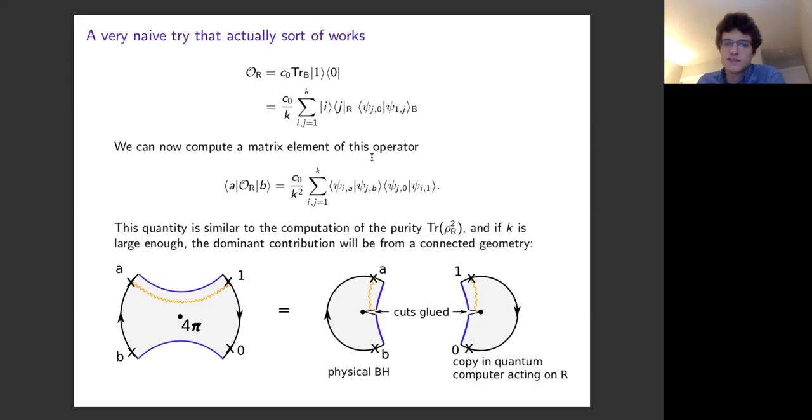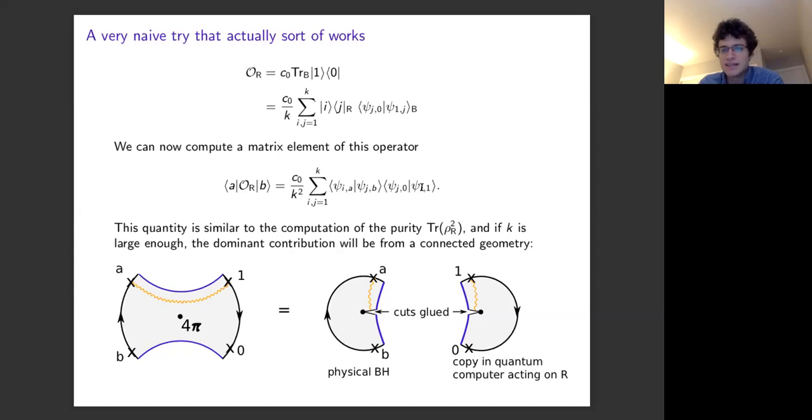It's now a sum of products of these inner products. So remember, the states appearing in these state vectors have two subscripts. I, that's the state of the end of the world brane, and A, that's the state of the bulk matter fields. And we have various combinations of end of the world brane and matter field states in this expression.